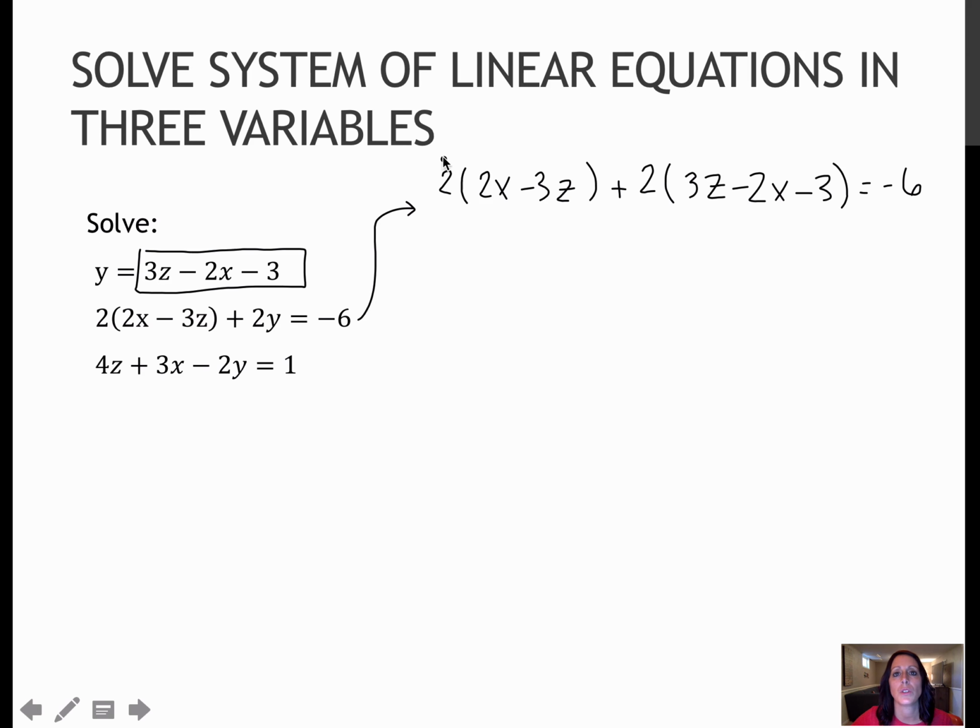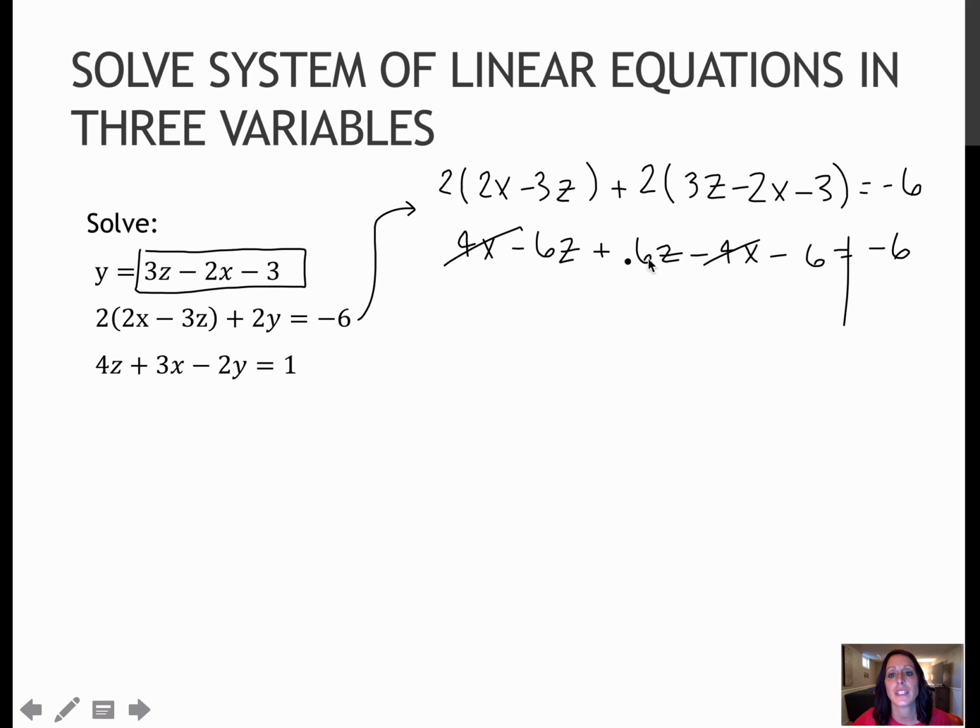I'm going to do some cleaning up by distributing the 2 and distributing the other 2. And on the left side of my equation, I have 4x and negative 4x that are like terms that cancel out to 0.